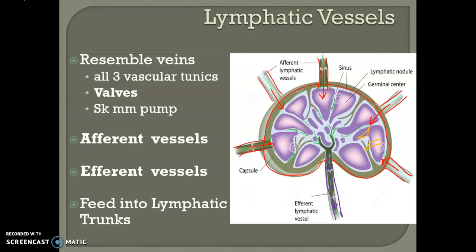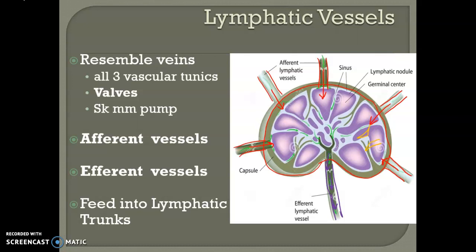Lymph gets into the lymph node via the afferent vessels. Inside the lymph node, the lymph is scanned for the presence of antigens. And once it's scanned, it moves out of the lymph node via the efferent lymphatic vessel and is ultimately drained into larger lymphatic vessels called lymphatic trunks.